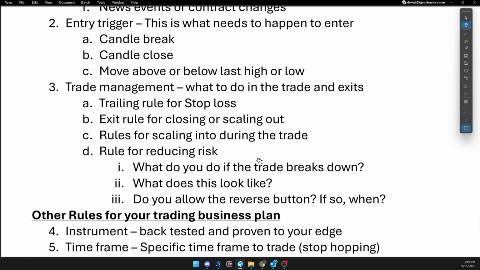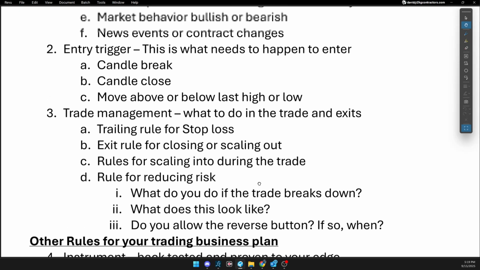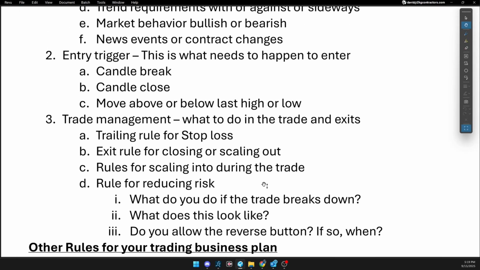Because for me in the 4-hour, hitting that reverse button can be pretty dangerous. Of the three times I've done it, two have been break even and one has been a loss, so I really don't care for it. But in a 5-minute or 15-minute time frame, maybe you're good at it.